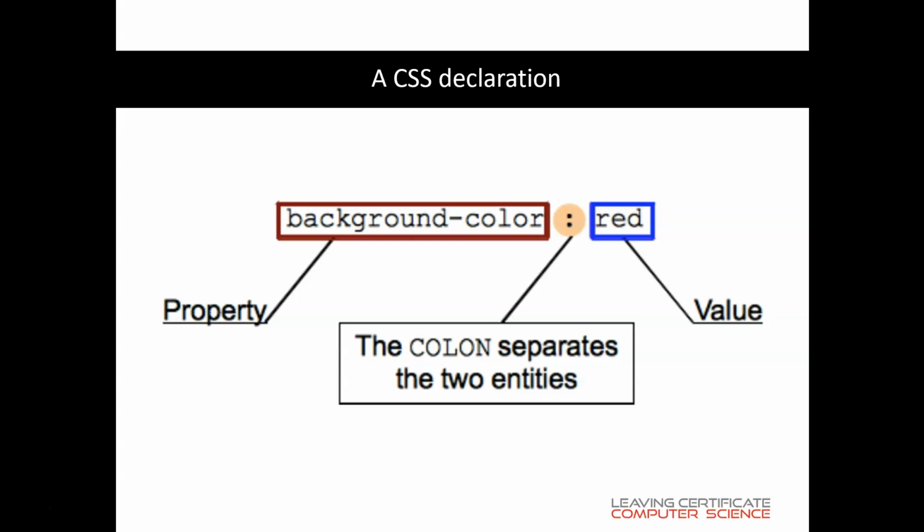So CSS is built from declarations, where we have a property and a value separated by a colon. The property, for example background color, here is being set to red in this particular declaration. The colon is used to separate the two entities.